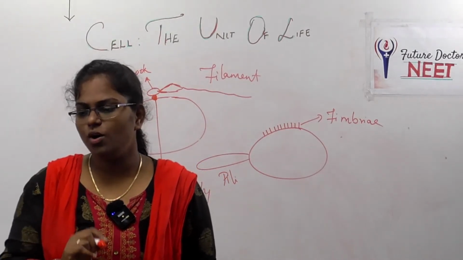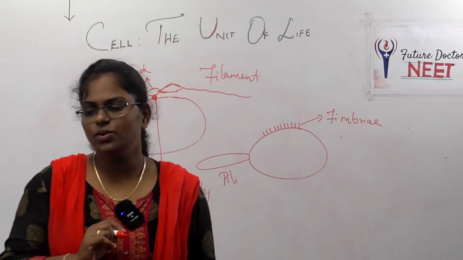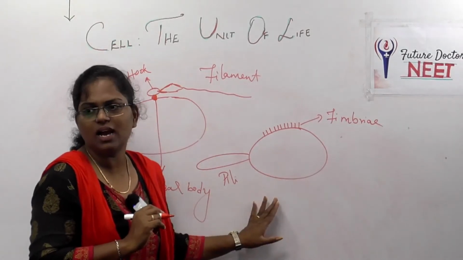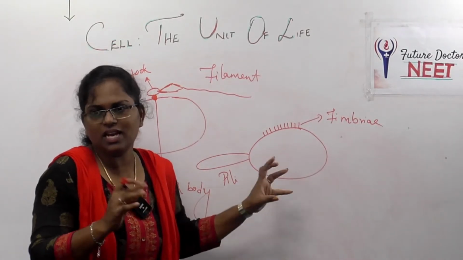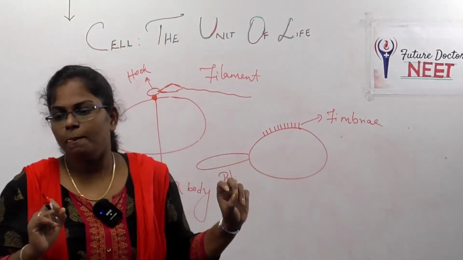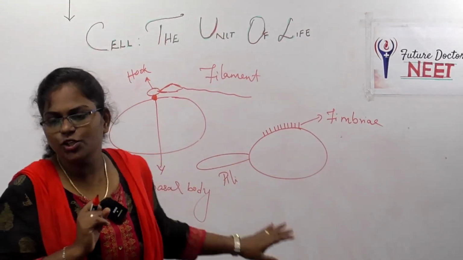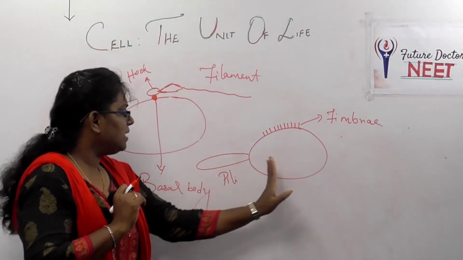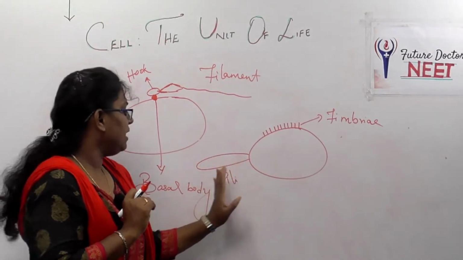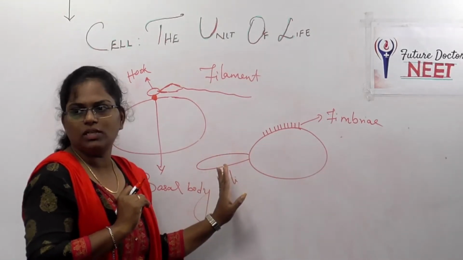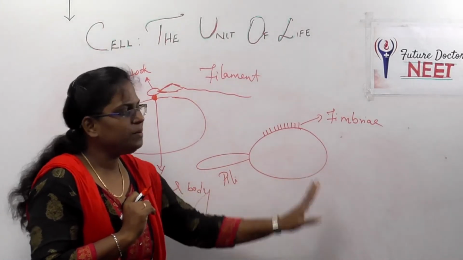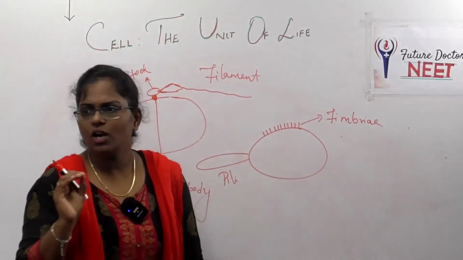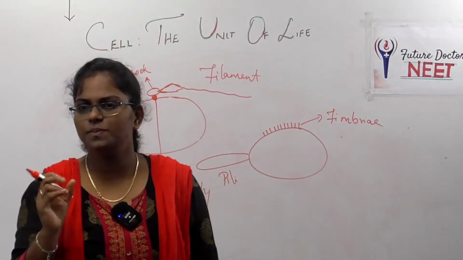Pili and fimbriae are also surface structures of the bacteria but do not play a role in motility. Pili are elongated tubular structures made of a specialized protein. The fimbriae are smaller bristle-like fibres sprouting out. What is sprouting?